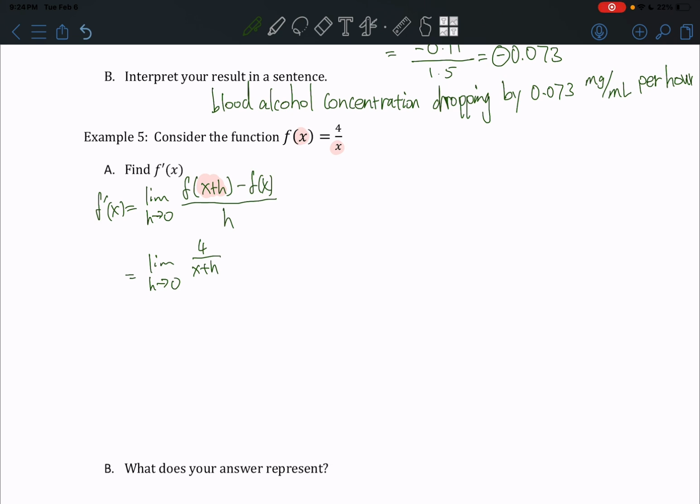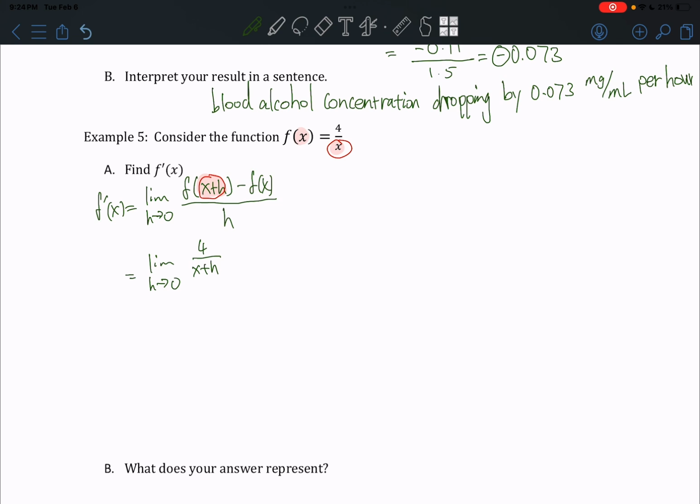Remember that the entire x plus h has to be underneath the 4. One common mistake people tend to make is to write stuff like 4 over x, plus h. That's not right. That's not how composition works, because the x in the original function is entirely under the 4. So when you plug in x plus h, it has to be entirely under the 4 as well.